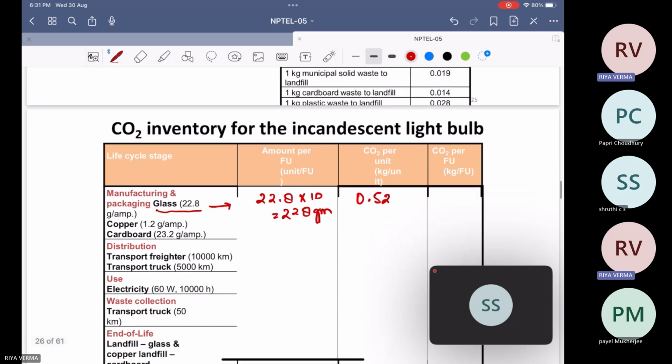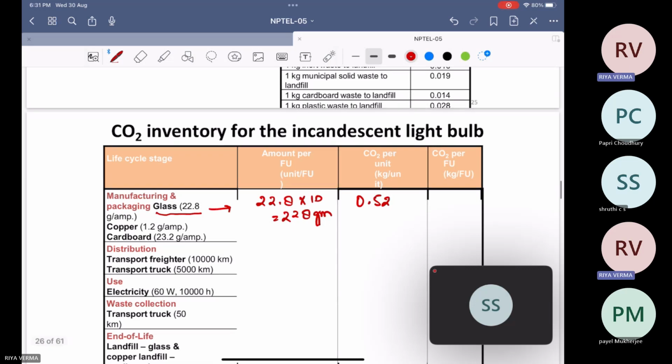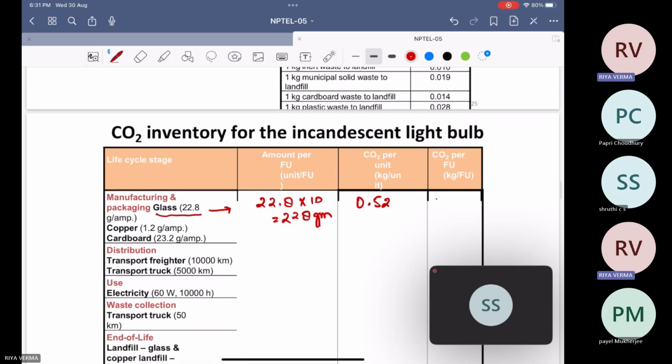So what we do here is multiply 0.52 by 228, divided by 1000. Why do we divide this by 1000? Because this gram should be converted into kgs.